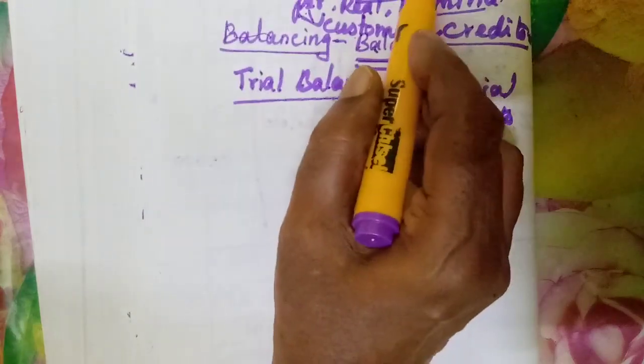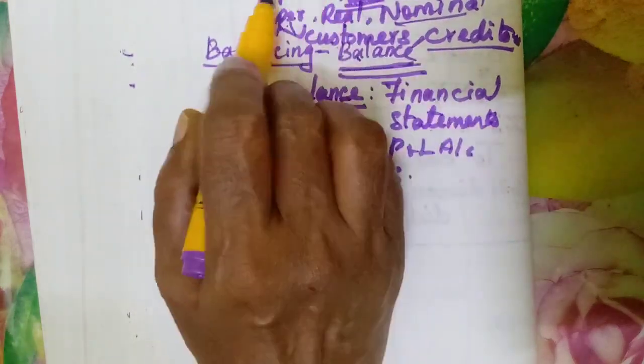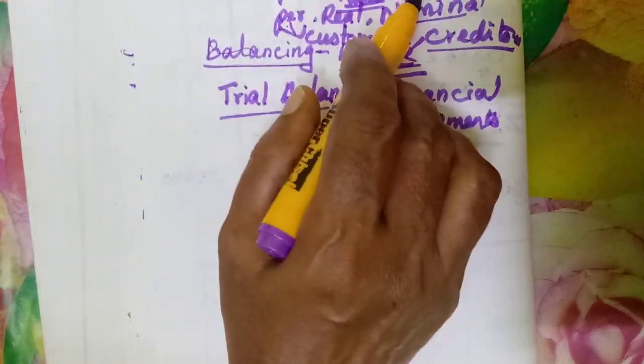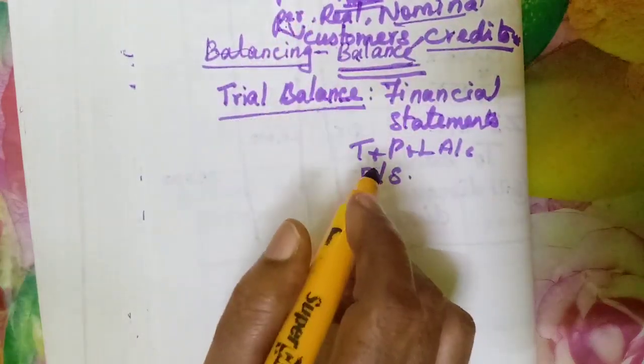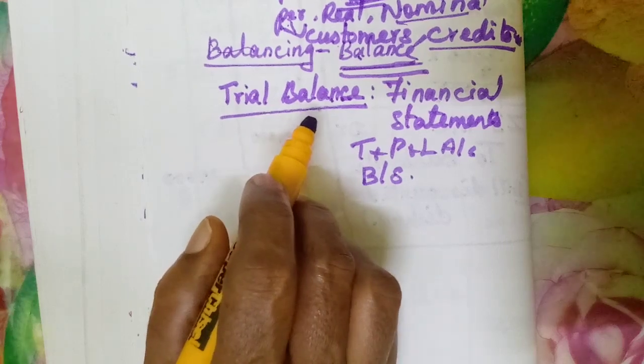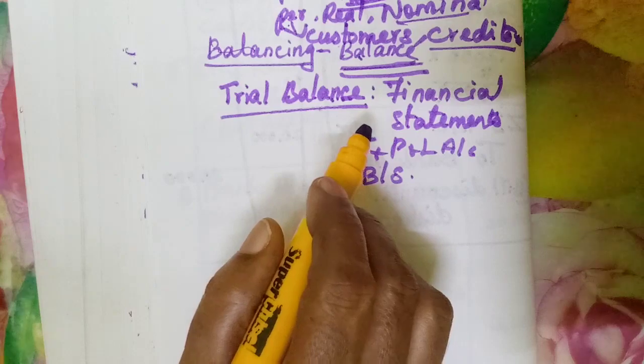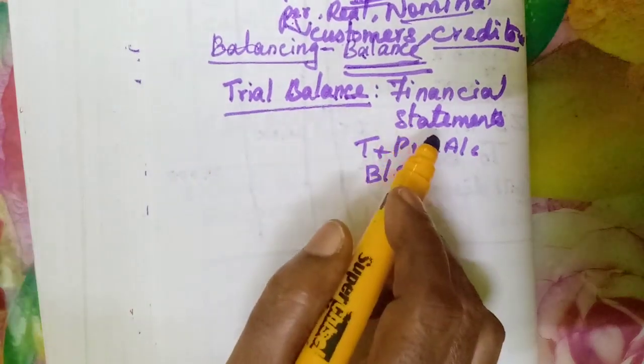We have learned it is a book. The ledger account is called the principal book of account, the main book of account. By opening the ledger account of a person, we will come to know all the things, given date wise.